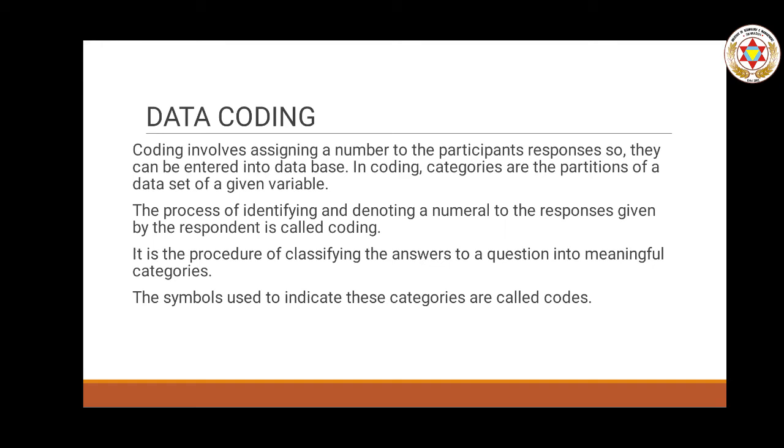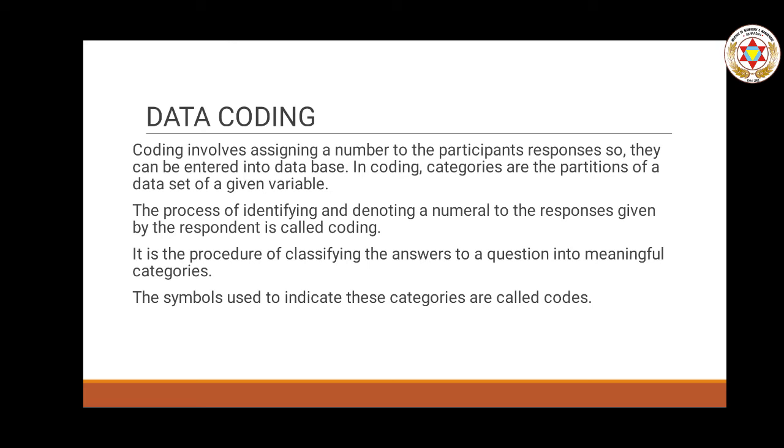Coding refers to the process of assigning a number to the participants' responses so that they can be entered into a database. In coding, the categories are the participations of a data set of a given variable.